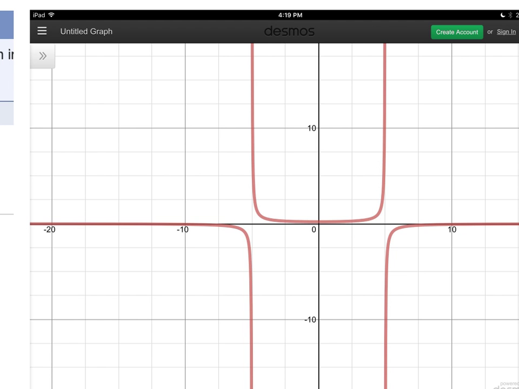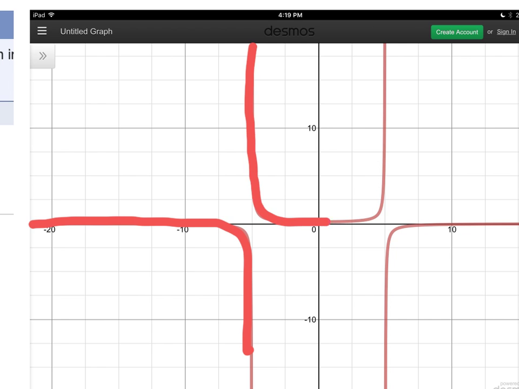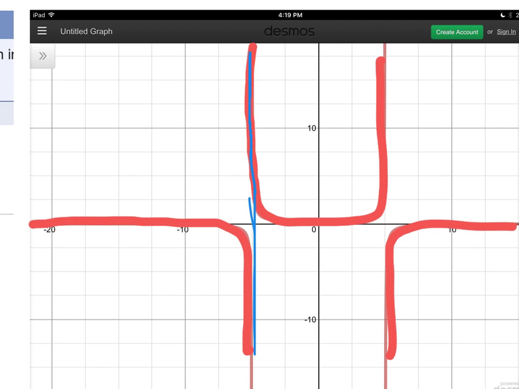I love it. So it's this thing that goes here, and then it drops down. And then it kind of makes a U right here. And then it goes again right here. So you get this disconnect right here, and then you get another disconnect right here.